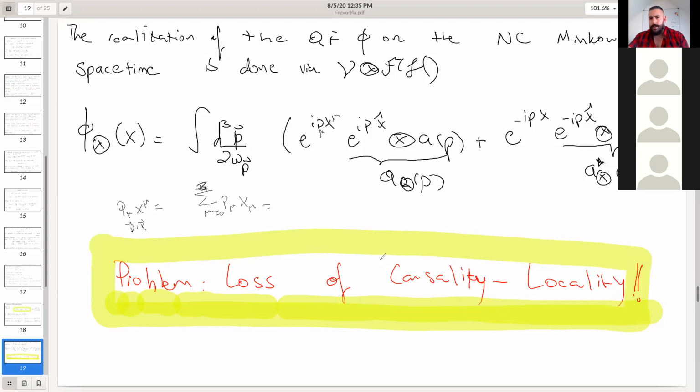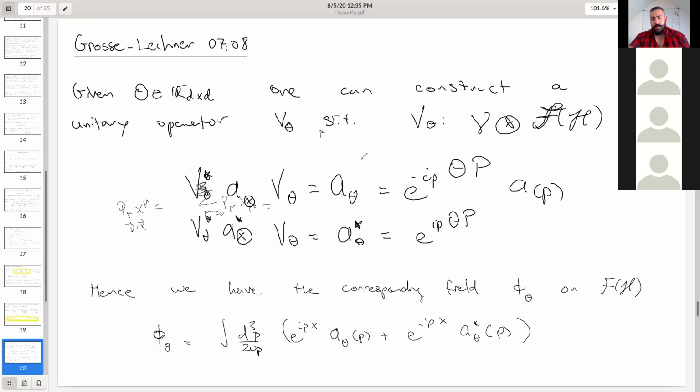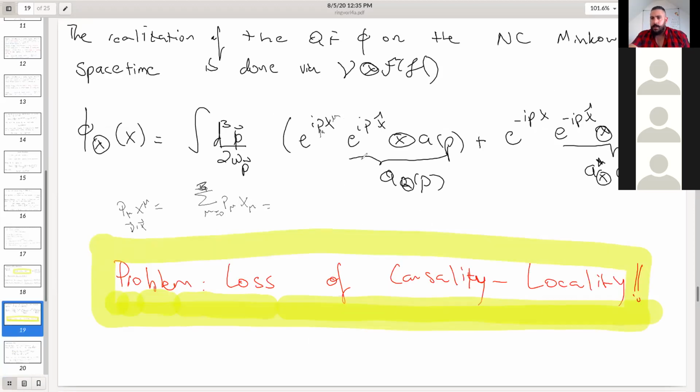Then you have a quantum field theory on non-commutative Minkowski spacetime, but there is a real problem. The problem is you lose this causality condition that I was telling you about, that the field phi would commute with the field phi prime if they're space-like separated. That was sort of a real setback, because it doesn't make a lot of sense to do quantum field theory on this high level of energy, which should be relativistic, and lose causality and locality, which are exactly the things that make the theory relativistic.